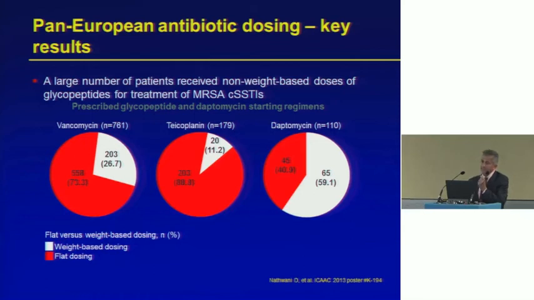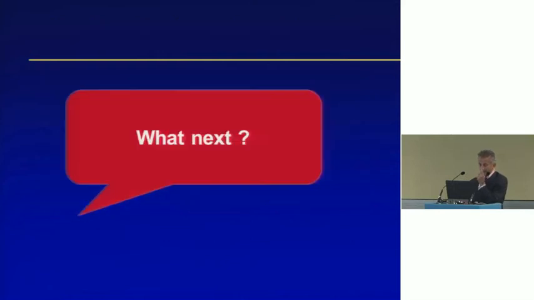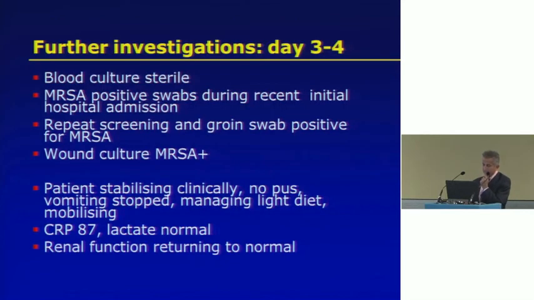But sadly, what we find is when vancomycin is given, it's underdosed. It's not weight-based. And Fleming, from my lecture earlier, talked about underdosing and not weight-based dosing. We are doing patients harm by not giving them weight-based dosing regimes for very effective treatments in these very serious infections.